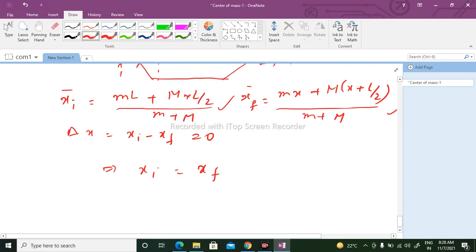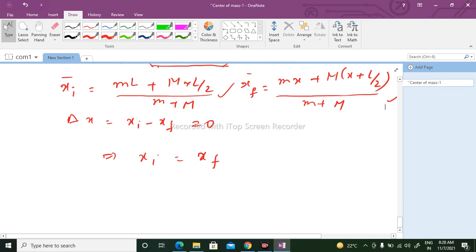When you equate these two, the denominator will be cancelled, and you will get mL plus ML by 2 is equal to mx plus ML by 2. I have just expanded this.